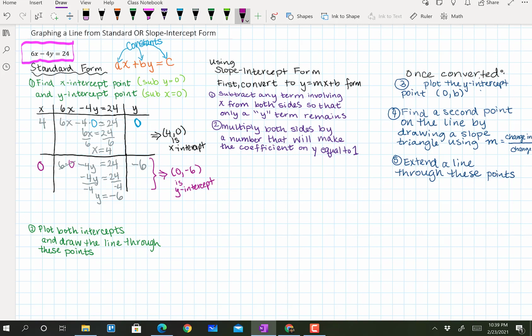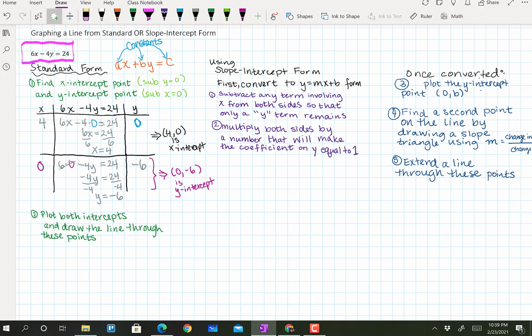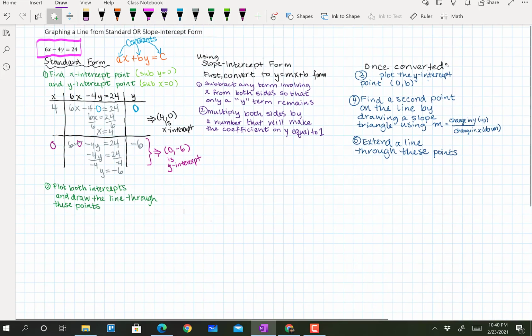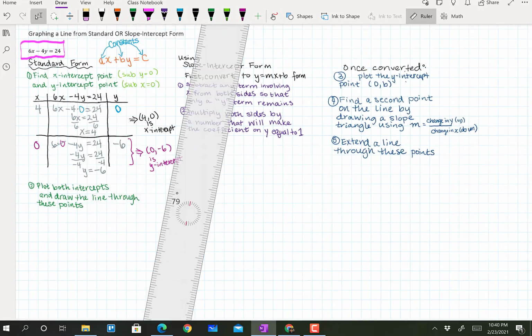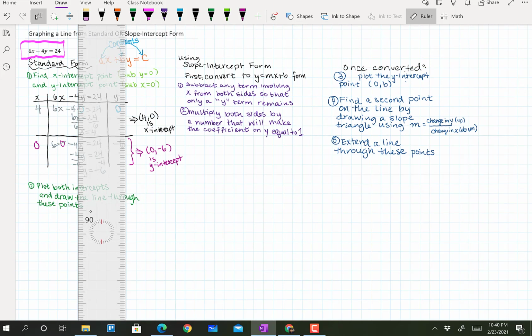Now that I have 2 points on the line, I can go ahead and graph the line by plotting these 2 intercepts and drawing a line through the points. I notice that I need my y's to go all the way to negative 6. My x's need to go to positive 4.